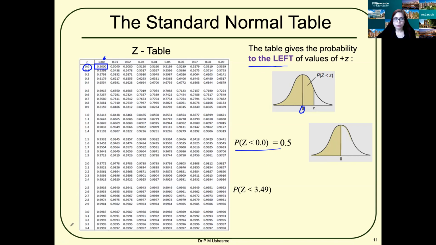Similarly, Z less than 3.49. It should be somewhere around 3.4. You will have two decimal places here. So you go down the Z values, you go for 3.4, and the second decimal place is 9, so you go across to 0.09.